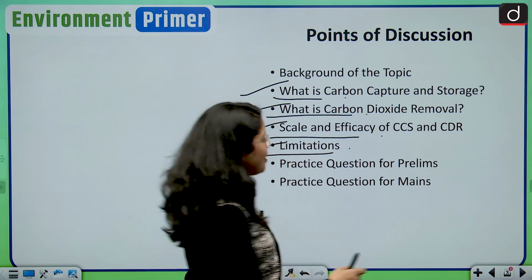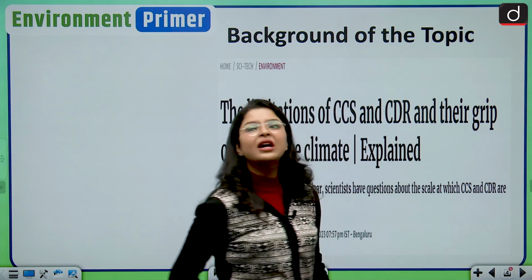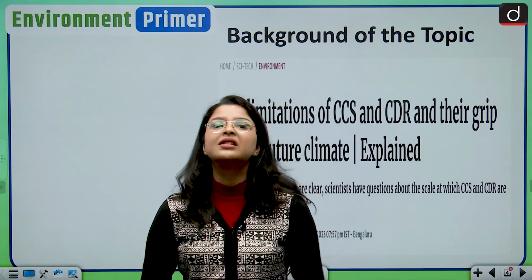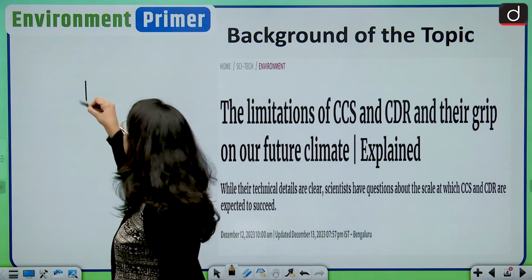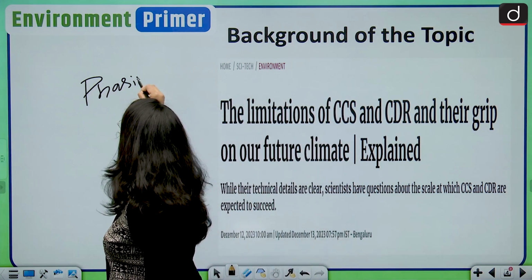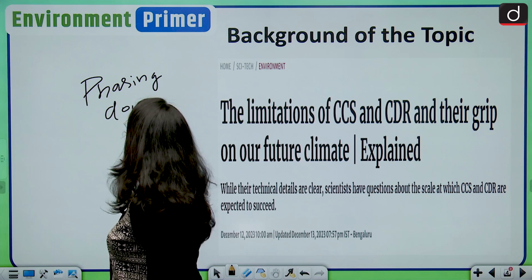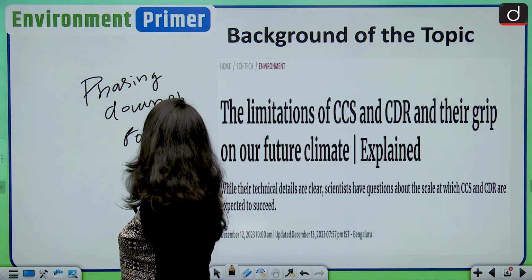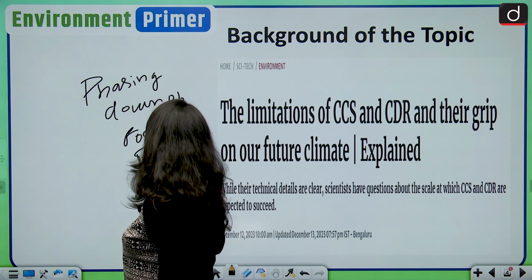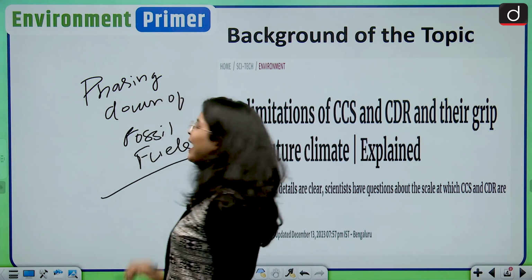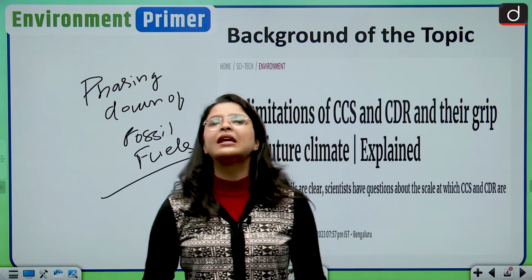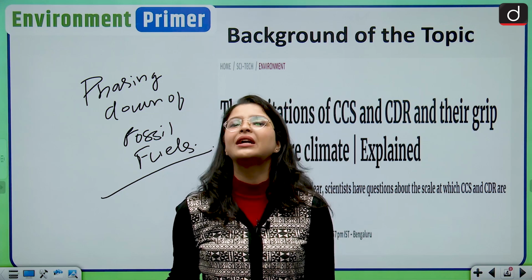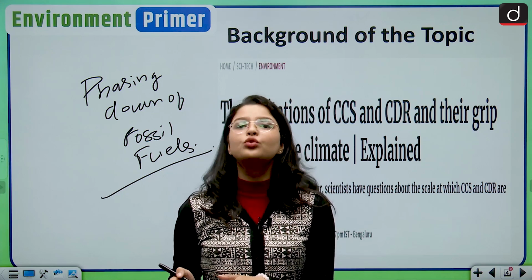So if I talk about the background of today's topic, the countries are actually worried about the use of fossil fuels. They are constantly talking about phasing down of fossil fuels. They are also talking about decreasing their dependence on fossil fuels, and that is why they are trying to find new techniques to abate the use of fossil fuels.